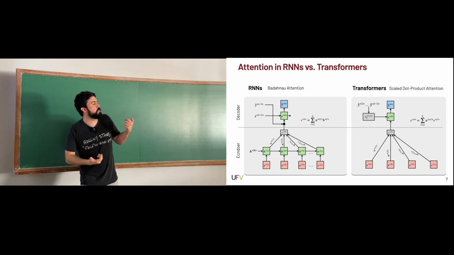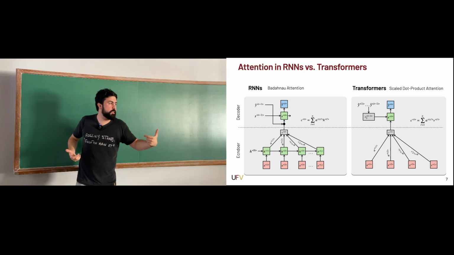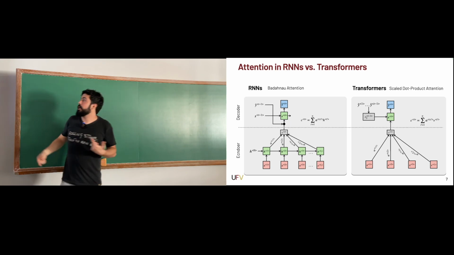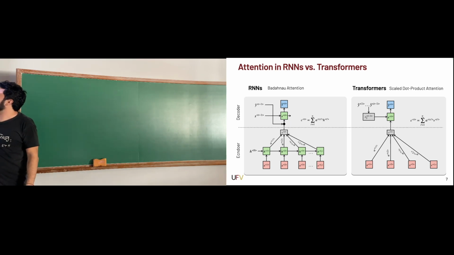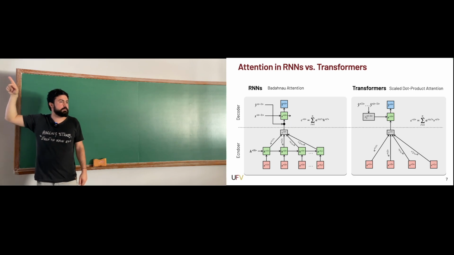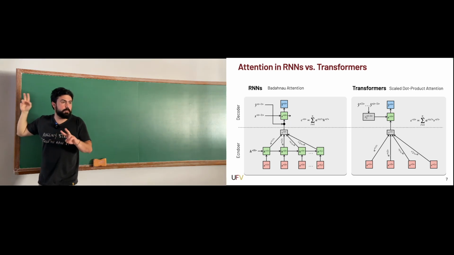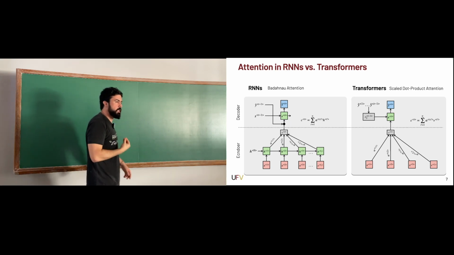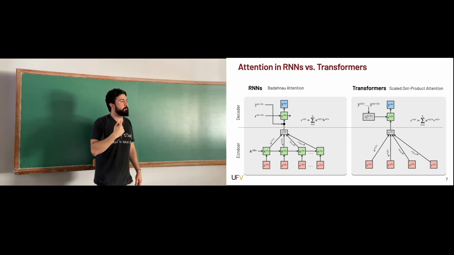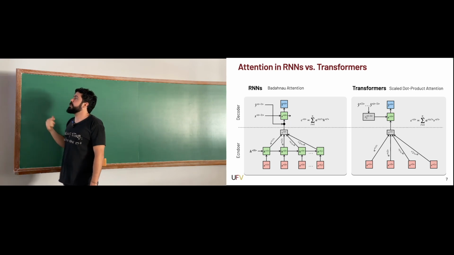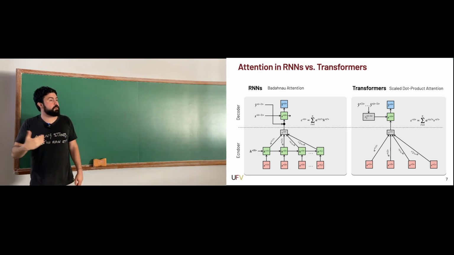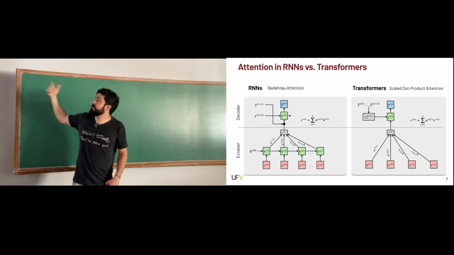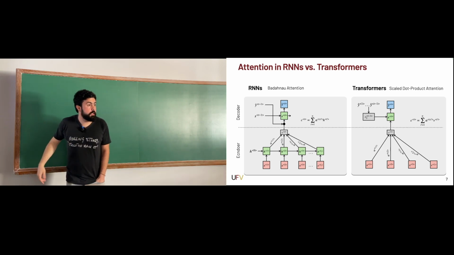So now I'm looking at the previous sequence, not only the previous word, but all the previous words up to now. I'm going to build also a context vector for that. So I have two contexts now. I have a context coming from the encoder, but the decoder also builds a context every time step for the previous words it has decoded so far. And then it produces the output.